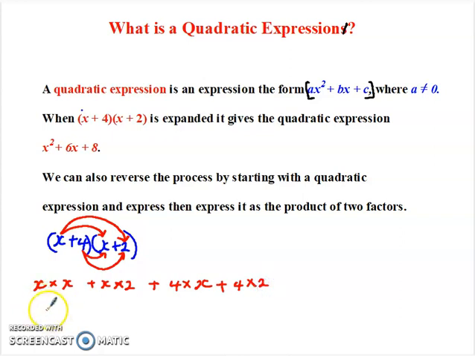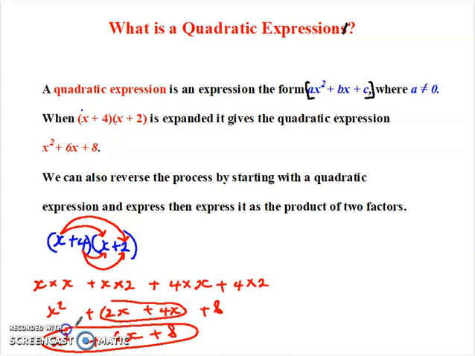So this gives us x squared plus 2x plus 4x plus 8. Right? And if we should clean that up a bit, x squared plus 2x plus 4x would give us 6x, and we have an 8 remaining.